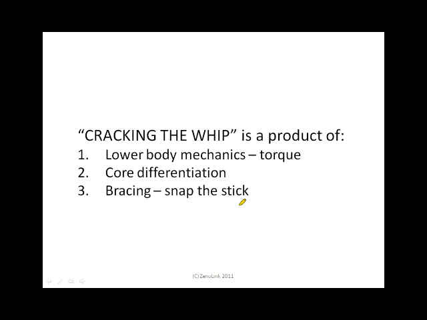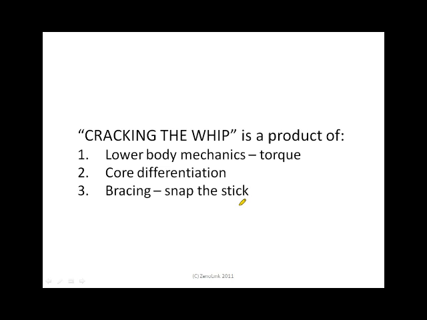Now, cracking the whip is essentially a product of three key biomechanical areas: lower body mechanics and the ability to use ground reaction force to produce torque; core differentiation, the ability to essentially turn torque into speed; and then bracing, or what we'll call snapping the stick or snapping the whip, the ability to then take that speed that's generated through the core and accelerate the implement to its maximum speed most efficiently.